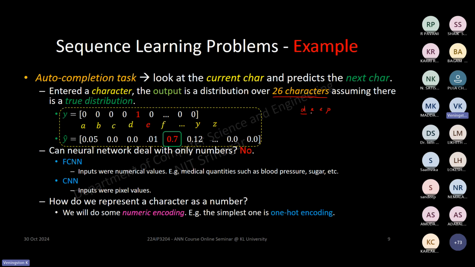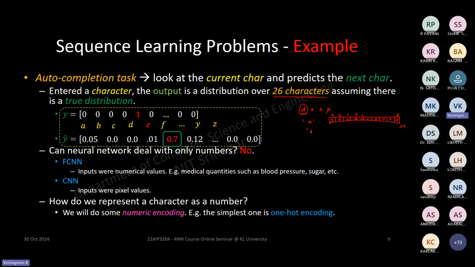So now there are 26 characters, and you can give a numeric representation for each character. For example, you take a vector of length 26, and the probability mass will be, let's say this is the representation for character A, completely on A, while keeping zero mass on the remaining characters. So A, B, C, D, E, and so on up to Z.